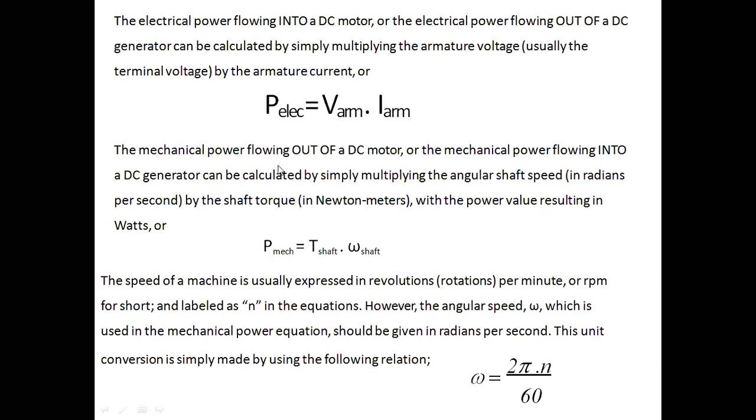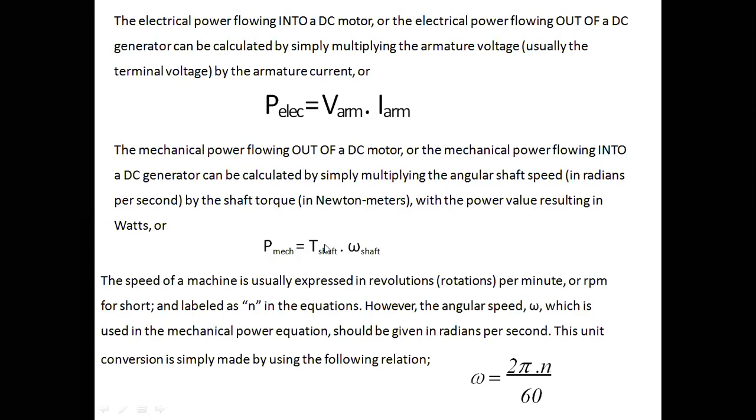But the mechanical power which is flowing out of the DC motor, or the mechanical power which is flowing into DC generator, we can calculate by simply multiplying angular velocity with torque. We are calling this power the mechanical power.